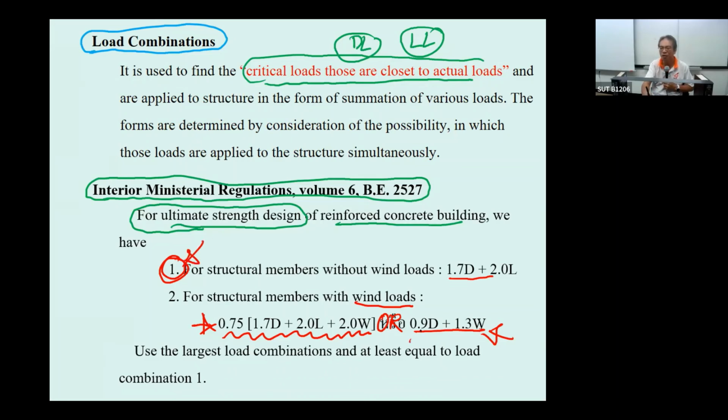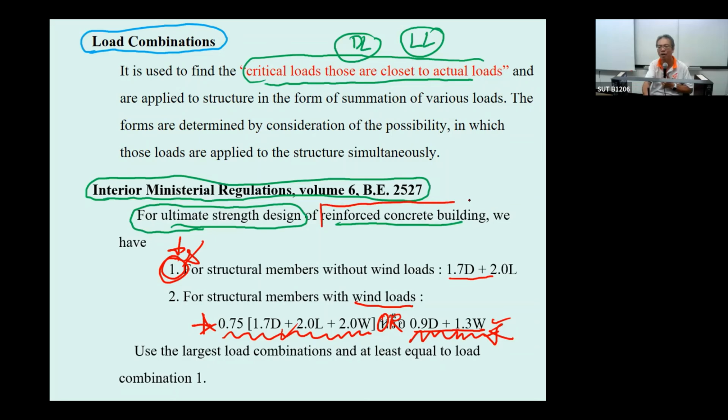But if you analyze the structure and find that the moment and shear due to the load combination in some structural members are larger than your first design, you're going to redesign those members, not the whole structure, just some of them. There are many kinds of load combination.